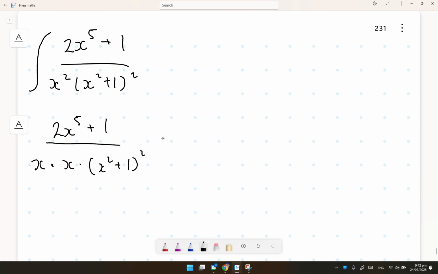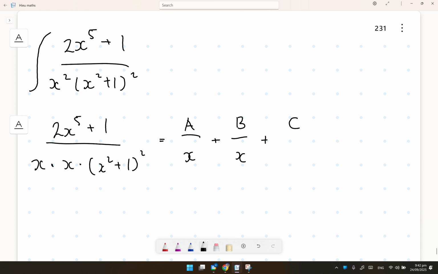The way we can rewrite this equation is simple. It's similar to the other way. We can rewrite it as a over x, because this x goes here, plus b over x squared, because this other x goes here, plus c.